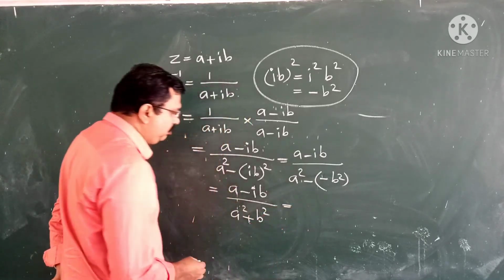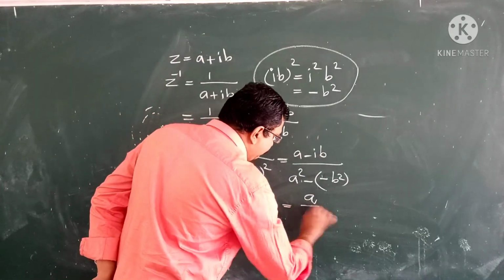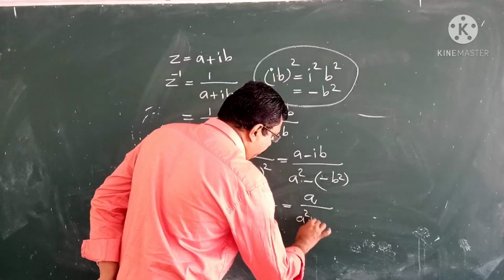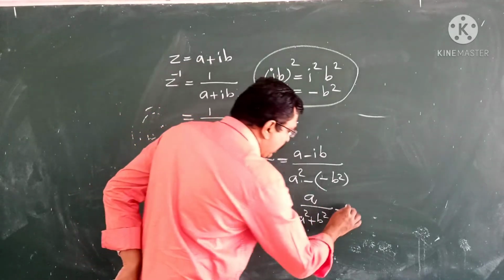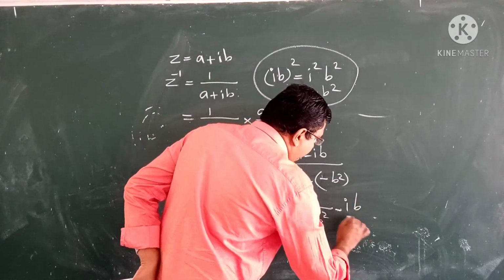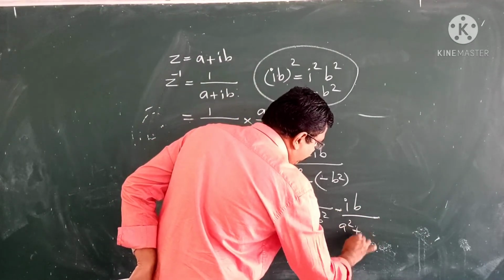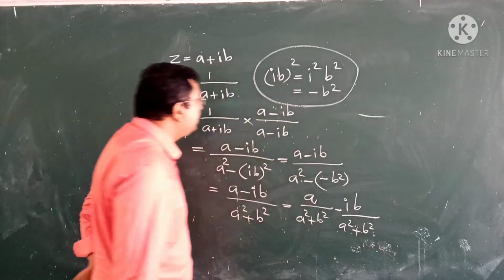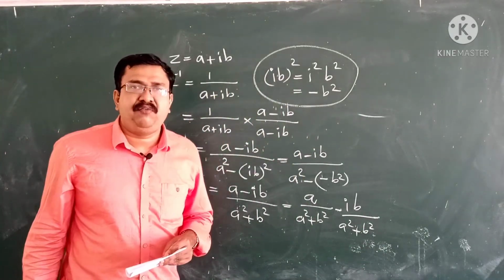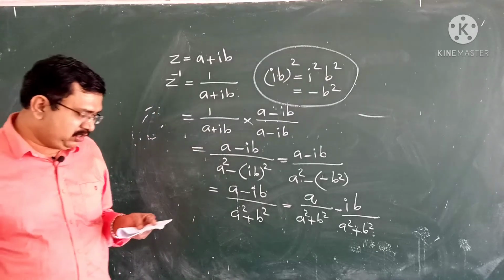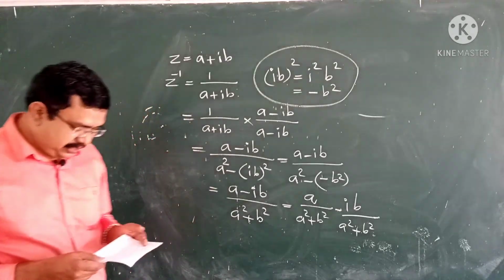That is equal to a by (a square plus b square) minus i into b by (a square plus b square). Okay, that is the multiplicative inverse of any non-zero complex number.